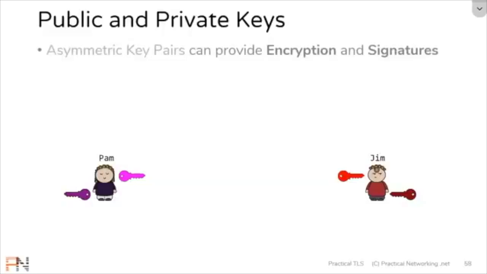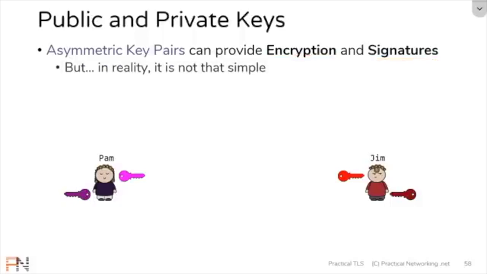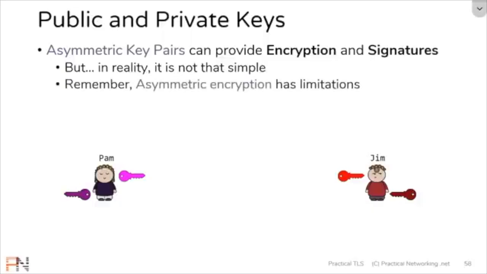So, we just talked through how you can use an asymmetric key pair to provide both encryption to get confidentiality and signatures to get integrity and authentication. But in reality, it's not quite that simple. Remember, in the last lesson, we talked through a bunch of limitations that asymmetric encryption has.